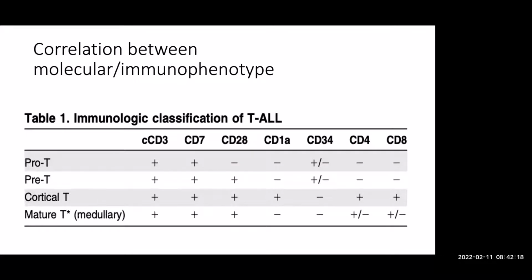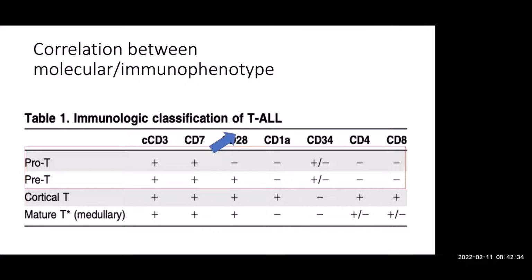Coming to the correlation between molecular and immunophenotypic subtype, as we have already seen, the pro and pre T cells, as the immunophenotype of early T cell precursor ALL, lack the expression of CD1A, CD4, and CD8.